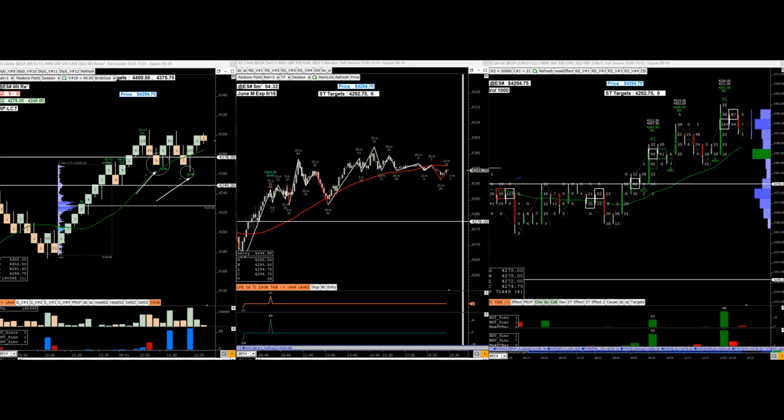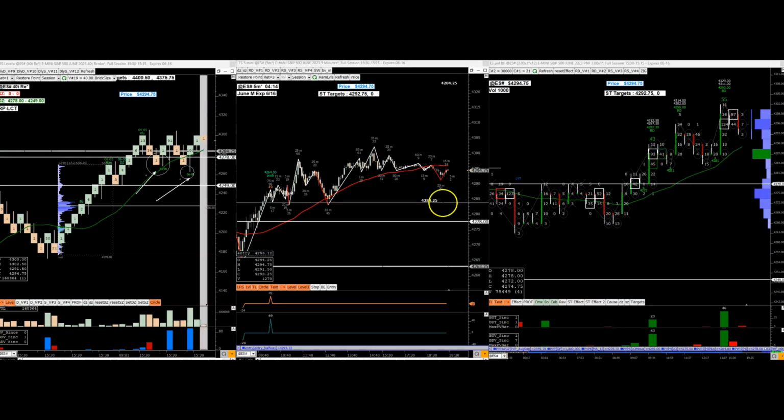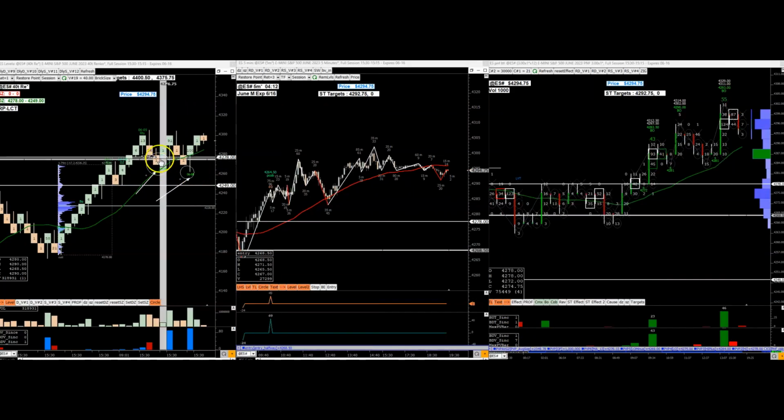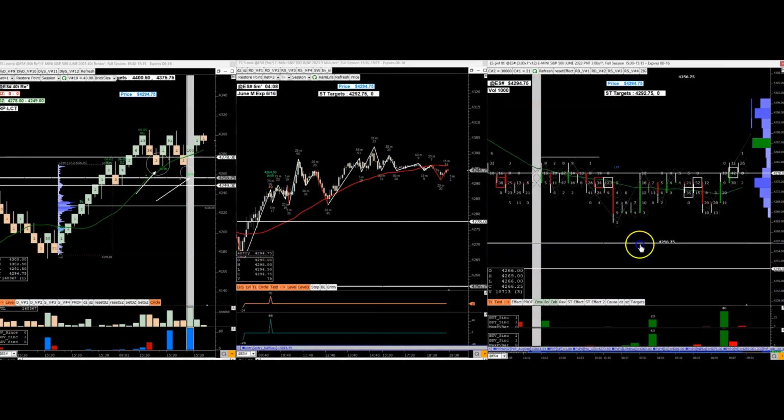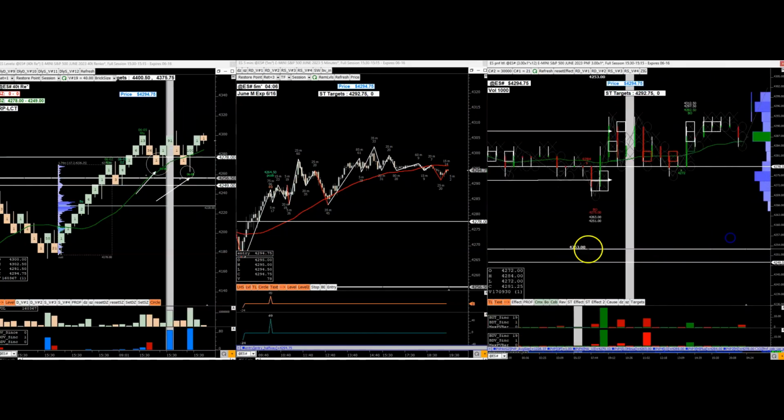Thin markets, you might have a little base and then it'll just go, but the thicker the market, typically you see the base development. Anyway, first we'll take a look at the first accumulation, and then the second accumulation.